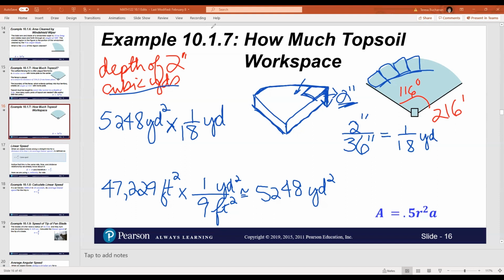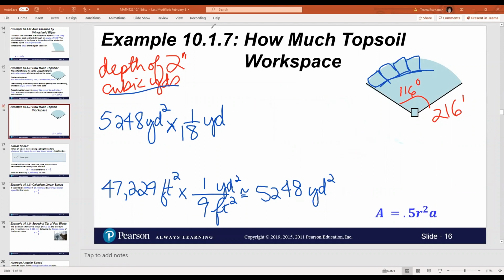So for every square yard I have out there in that field, I have to multiply to a depth of 1/18 of a yard to create volume. Okay, it's creating that depth, that volume. So I know this is sort of like, wow, this is what people really do. Apparently it is. So yard squared times yard is yards cubed.